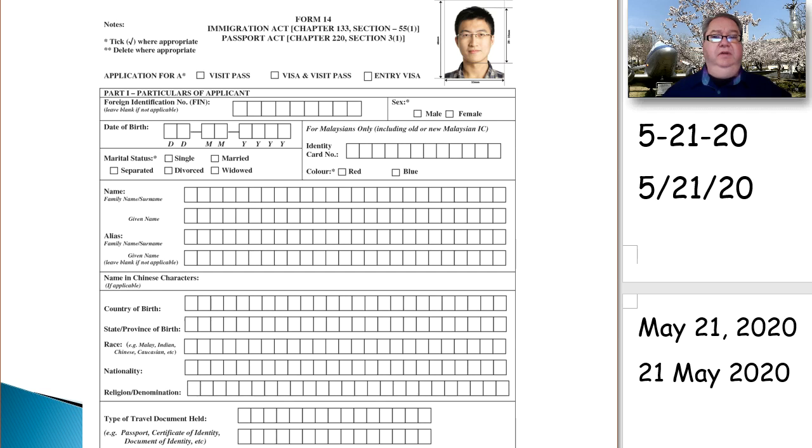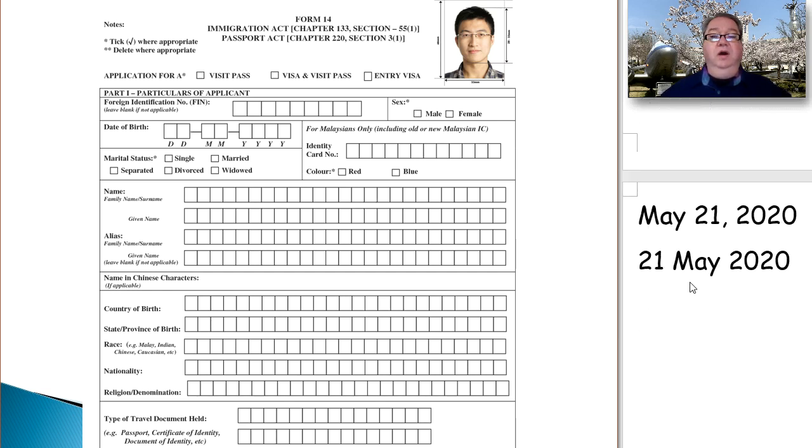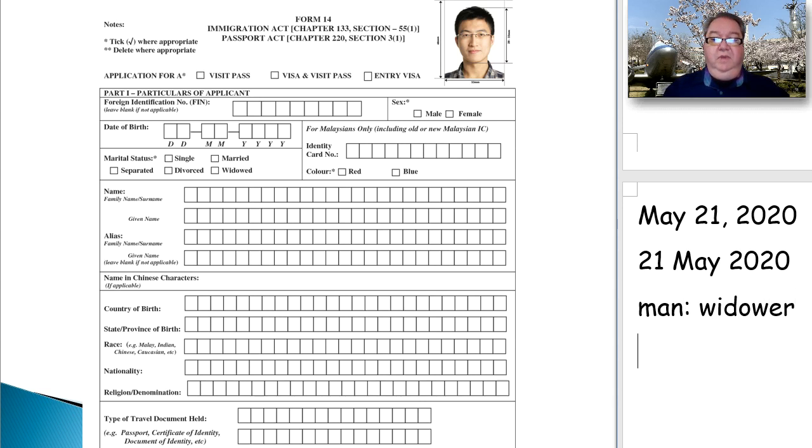What is widowed, though? Widowed means that one of the partners has passed away, has died. If a man is widowed, he is called a widower. If a woman is widowed, if her husband has passed away, she is a widow.